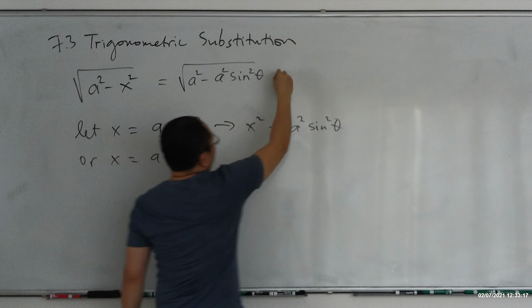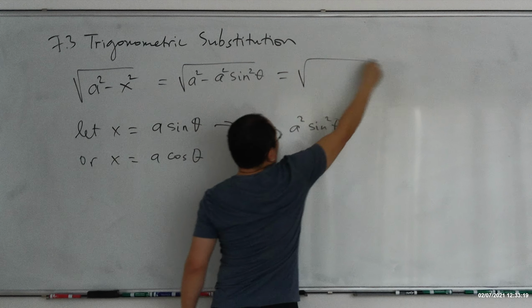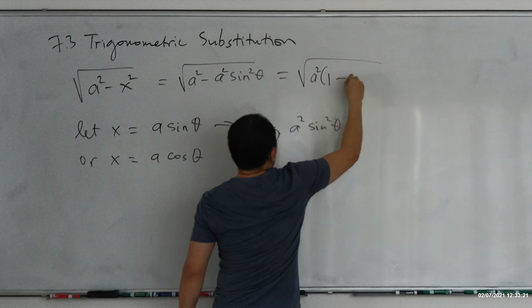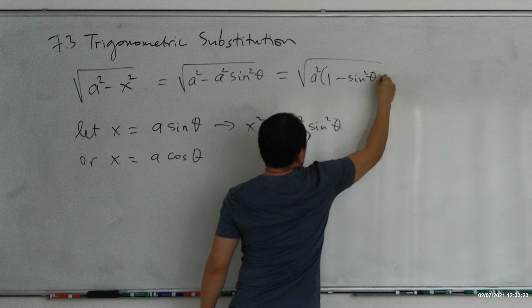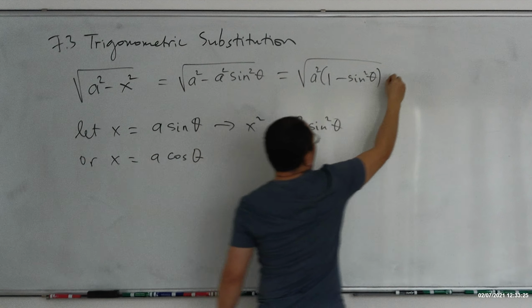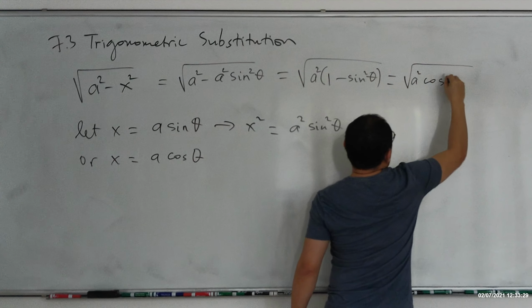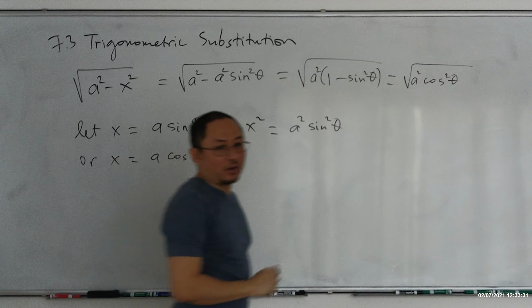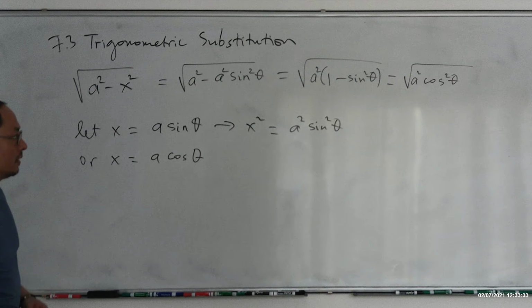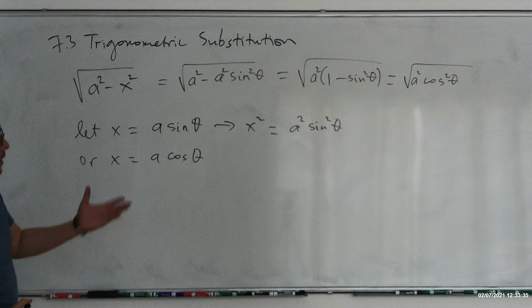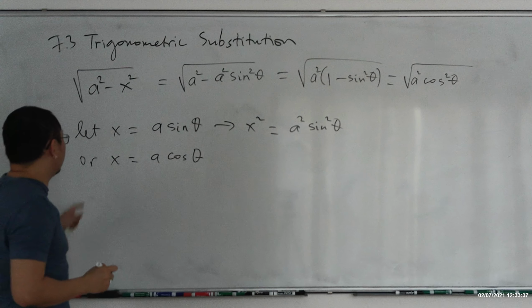You can factor out the a squared, and get the square root of a squared times 1 minus sine squared theta, which is the square root of a squared times cosine squared theta. Well, this is a cosine, right? If a is positive, cosine positive, you have it.